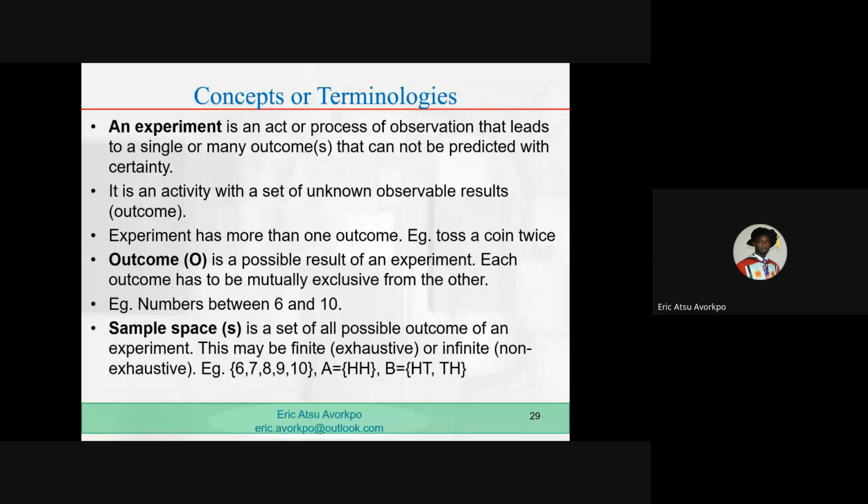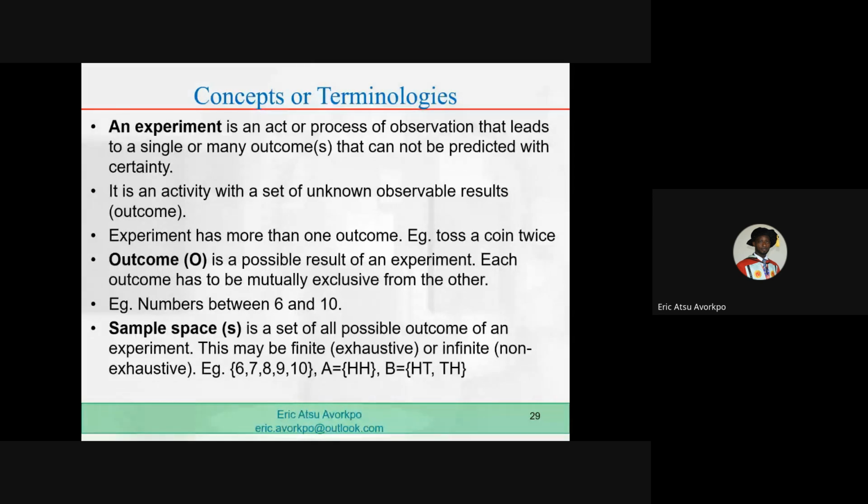Now, it is an activity with a set of unknown observable results. These unknown observable results, we call them outcomes. So a typical example is when I decide to toss a coin in the air.